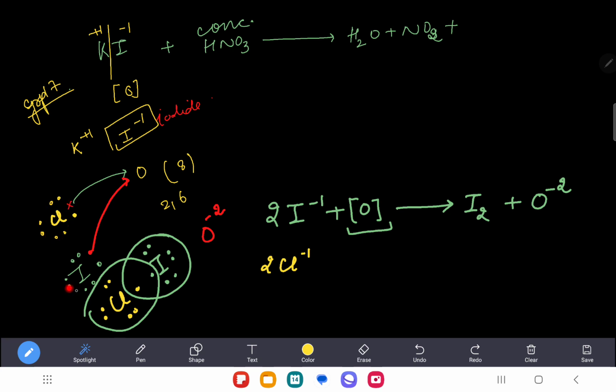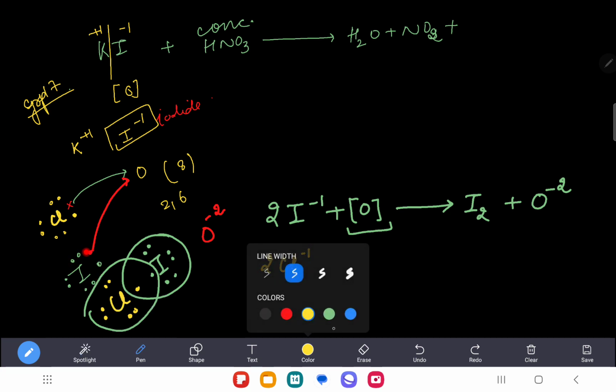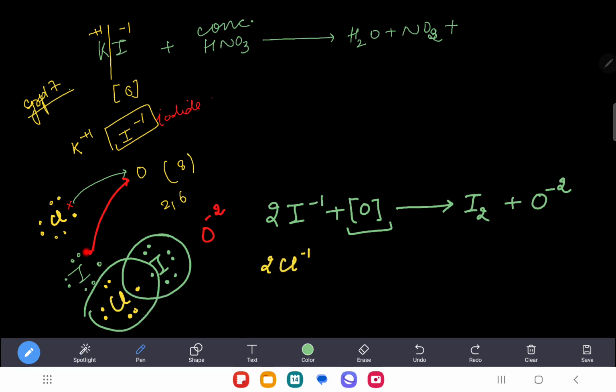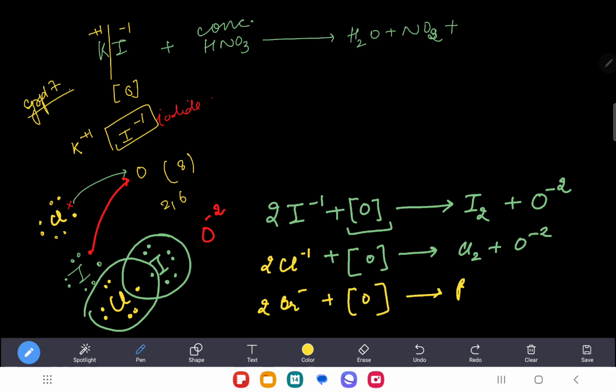Are you understanding? And when it is combining with nascent oxygen, it is going to form what? Chlorine plus O minus 2. Same with 2Br negative. If it combines with nascent oxygen, it is going to form Br2 and O minus 2. So this is how oxygen behaves with all of these ions.